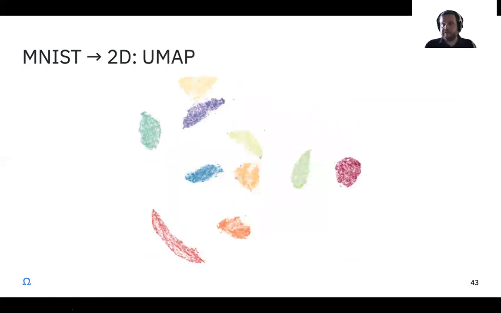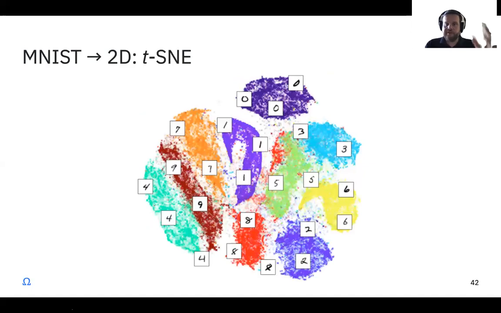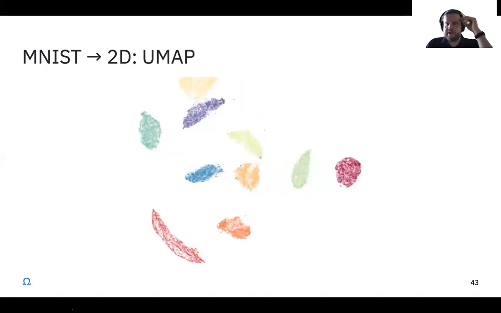And this is exactly what I've been talking about in the first part of the lecture, that the x and y axes are completely abstract, meaningless to a human eye. So all we need to look at is the structure, not the absolute positioning of the data on the axes.